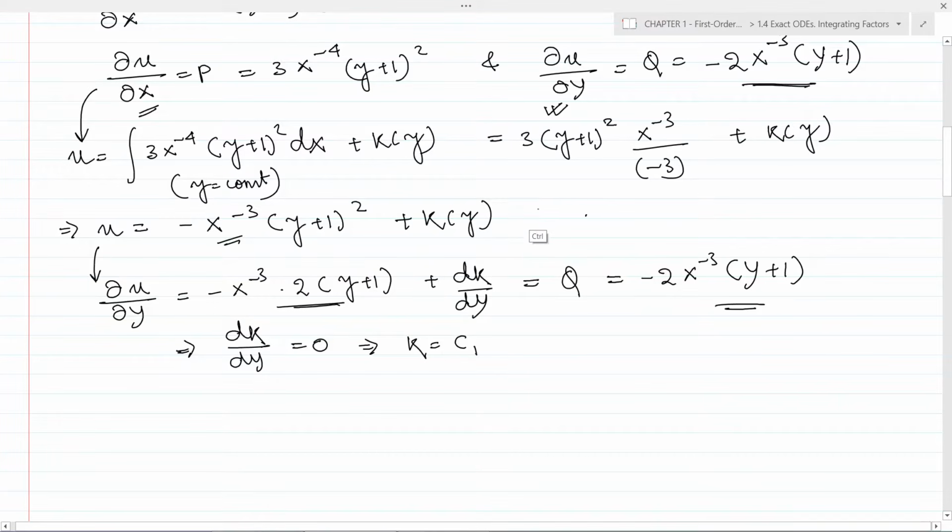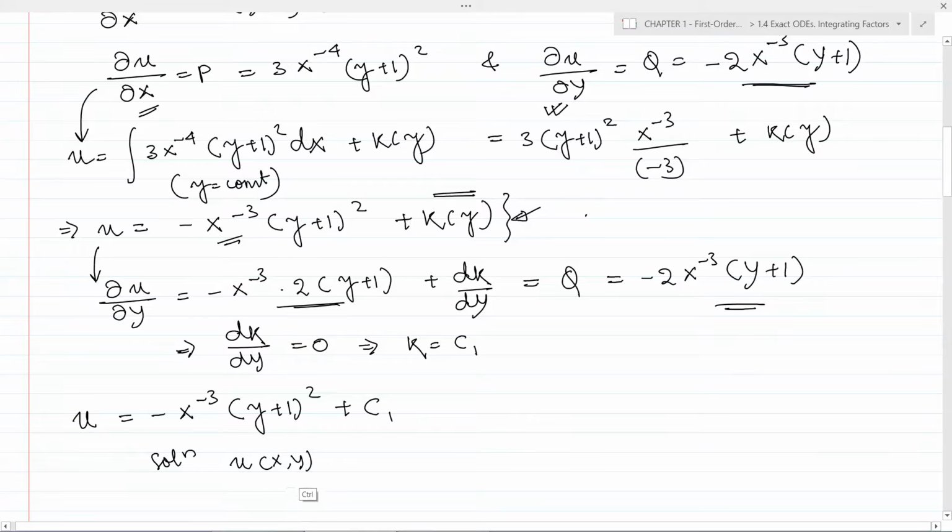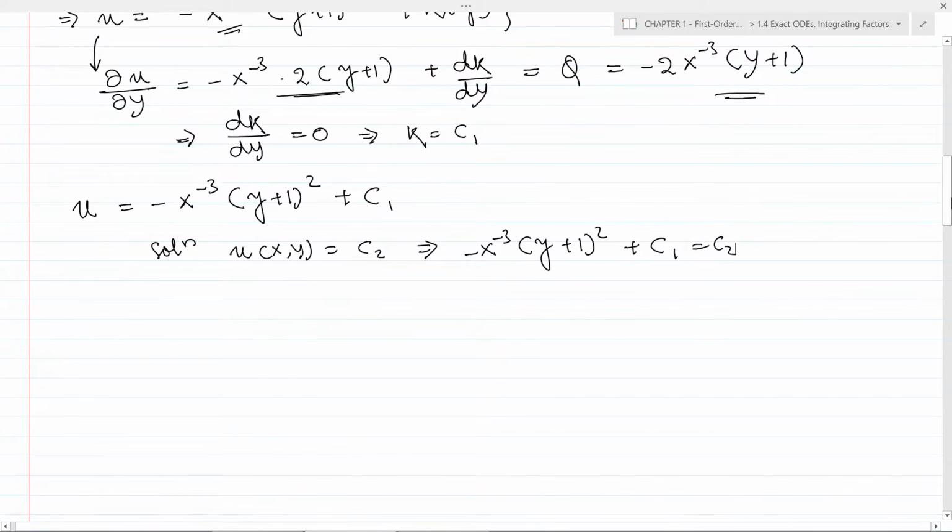Now, we already have this provisional value of u, and we will replace k equal to C1 in place of k of y, and we have the final value of u, which is minus x to the power minus 3 whole into y plus 1 whole square plus a constant C1, and we know the solution is of the form u of x y equal to, let us take a constant C2, which implies minus x to the power minus 3 whole into y plus 1 whole square plus C1 equal to C2, and this can finally be written as x to the power minus 3 whole into y plus 1 whole square equal to constant.